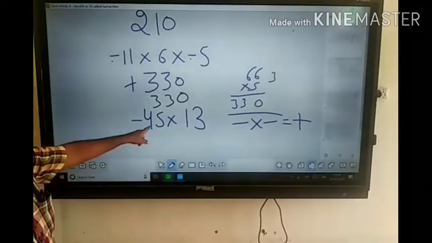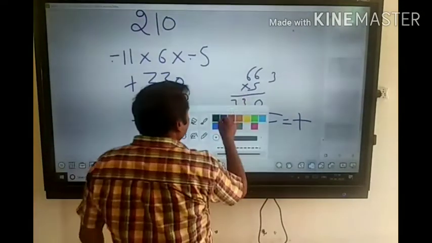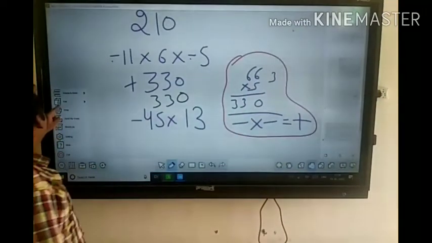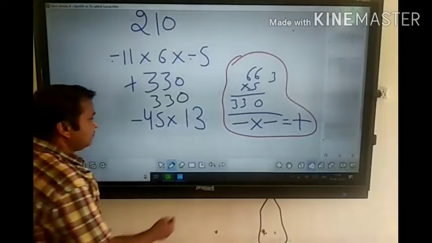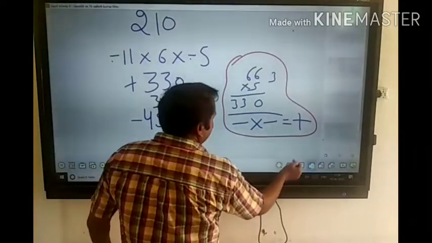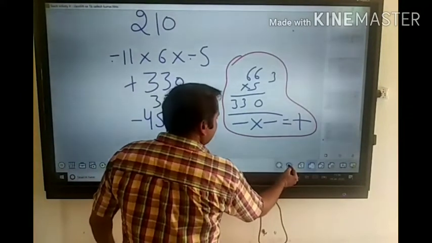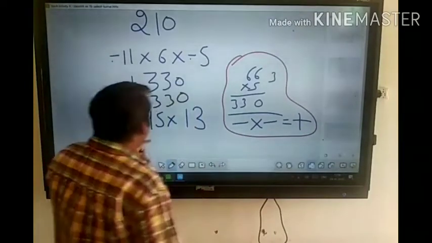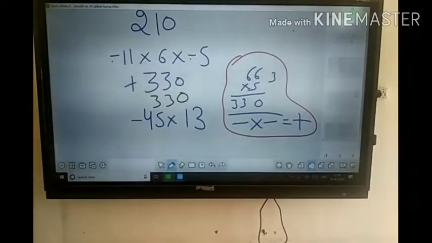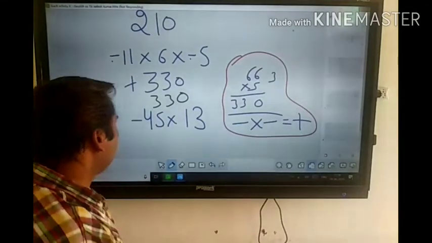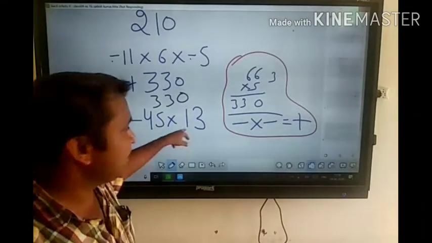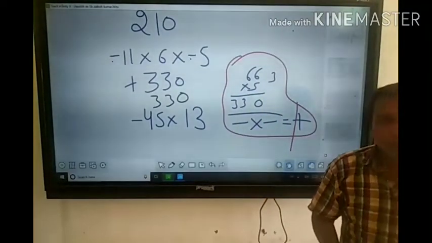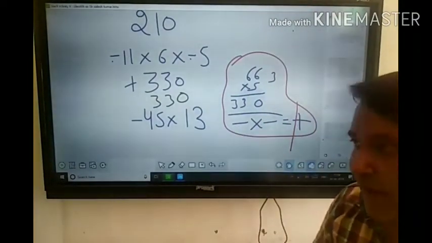Now here you will see this is rough work. Here you will see 45 multiply 13. When we multiply 45 by 13, this is a negative integer and this is a positive integer. When one negative is multiplied with a positive, the answer will be negative.